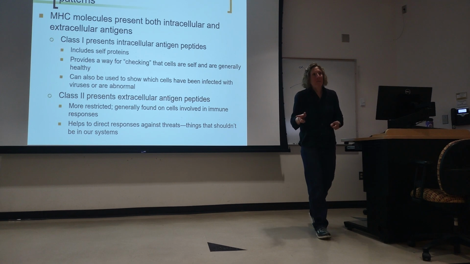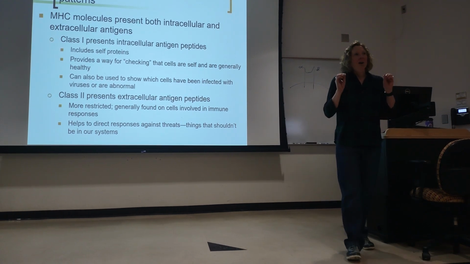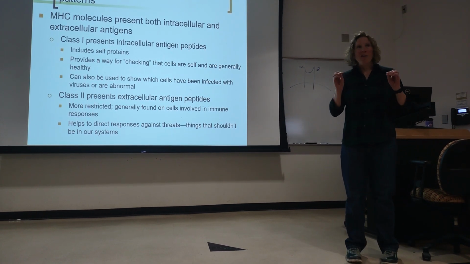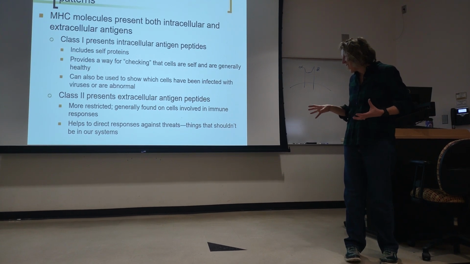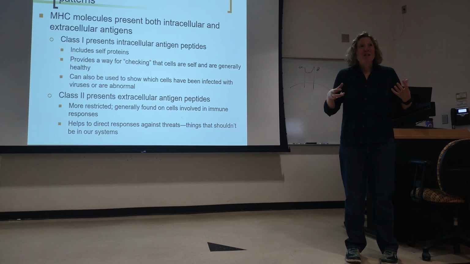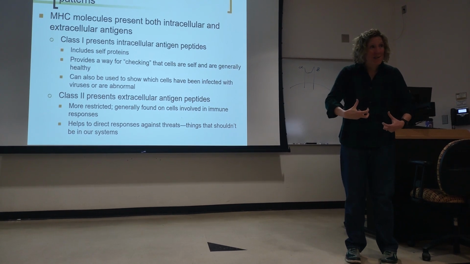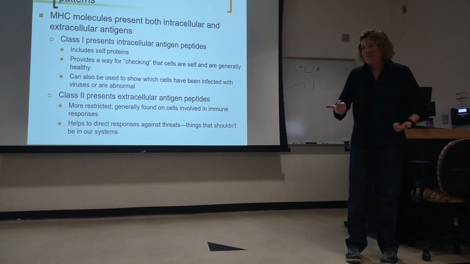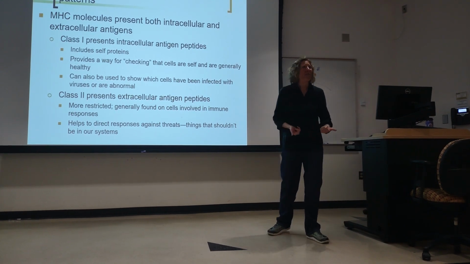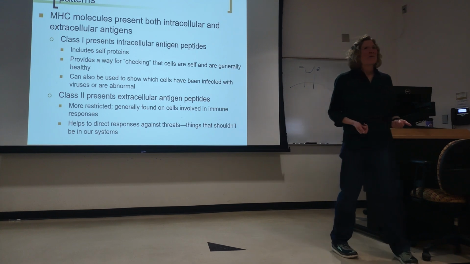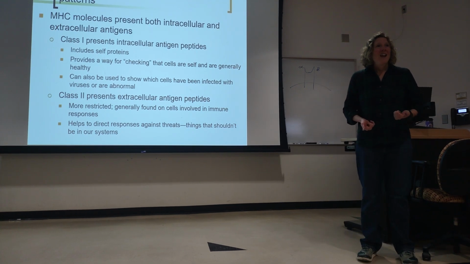Class 2 receptors are only found on the surface of generally professional antigen presentation cells. A cell whose job it is to collect antigens and display them. So you might say, well, how do I know who's a professional antigen presentation cell? Any cell that does phagocytosis.